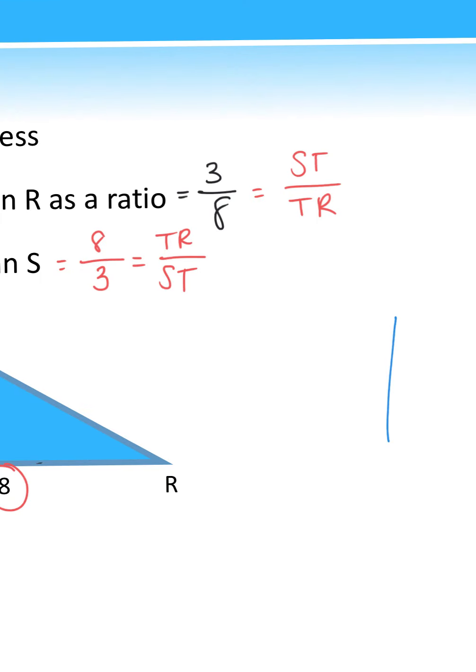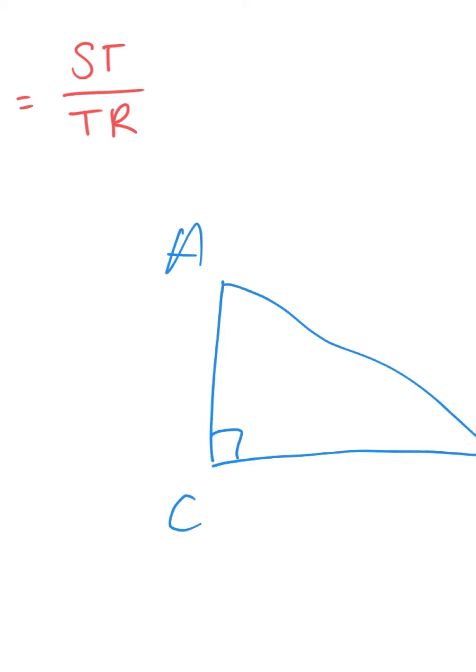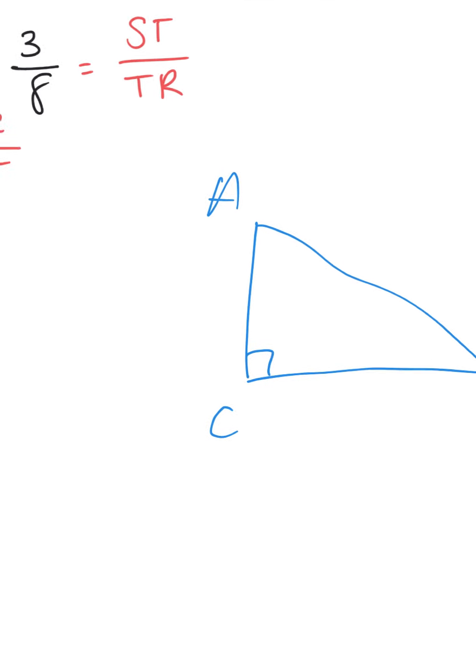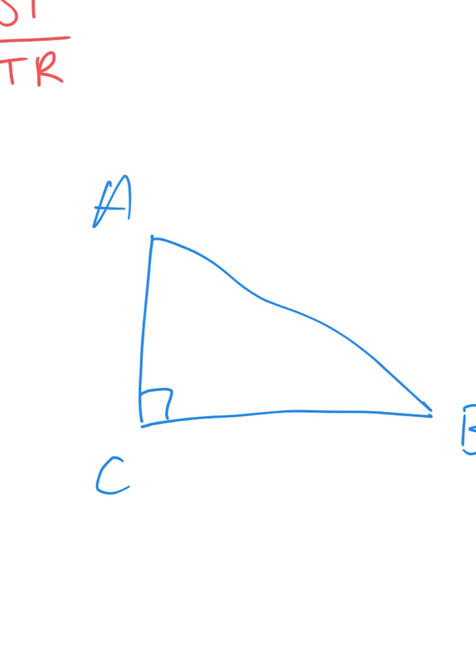Let's say we have another right triangle, A, B, and C. And we're given that this side is 7 and this side is 3. Tangent of A is what? Seven over 3.